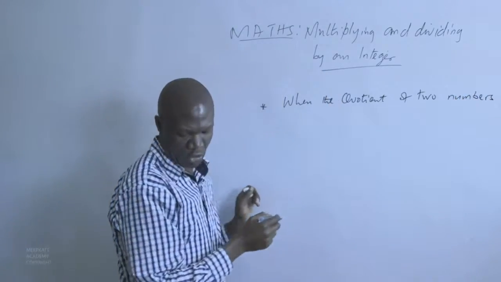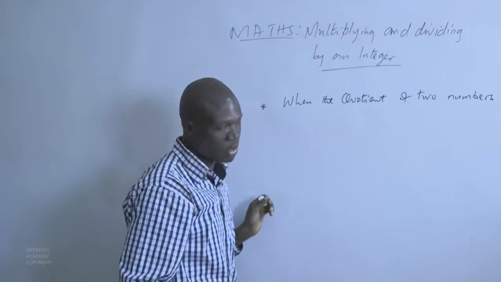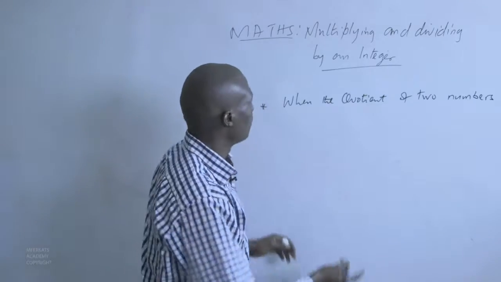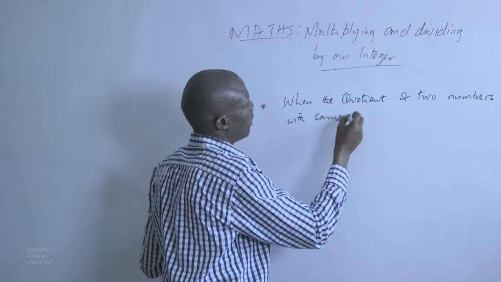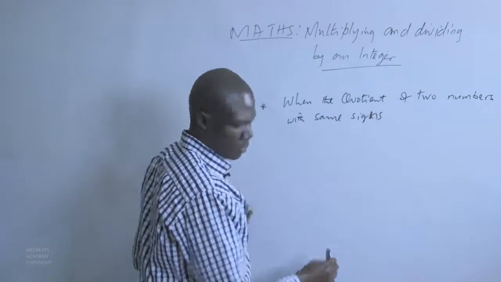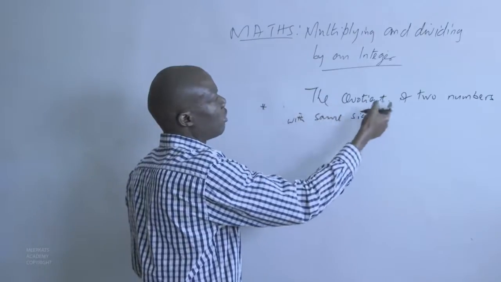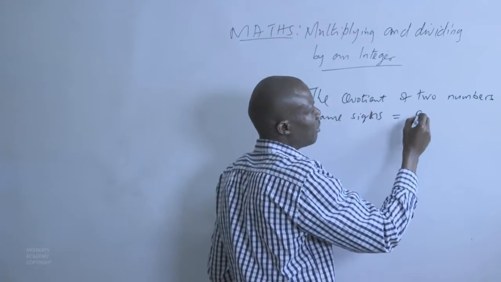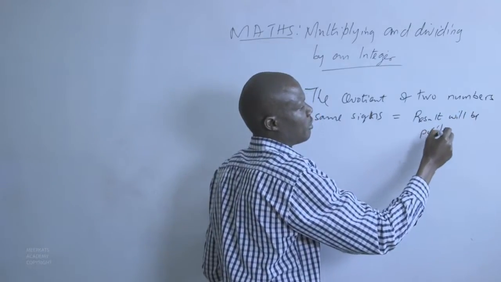The quotient of two numbers with the same sign will always give us a result that is positive.